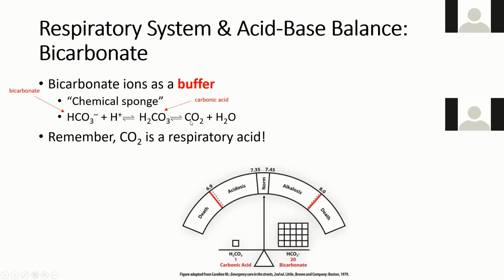So you have increased CO2, so you're going to create more carbonic acid. When you create more carbonic acid, you're basically going to release a bunch of hydrogen ions. And if you decrease carbon dioxide, it forces the equation in the other way. So it's going to decrease carbonic acid, which means that your bicarbonate is going to suck up those hydrogen ions.